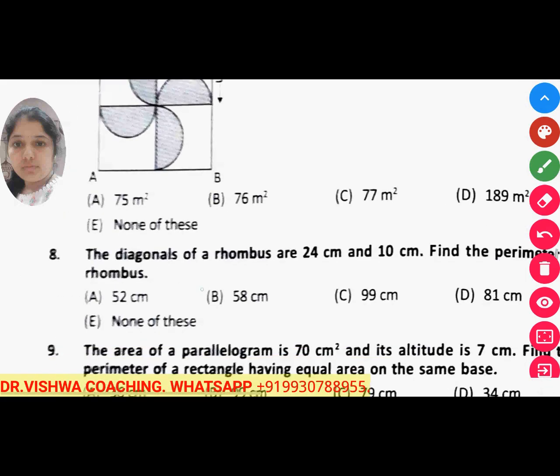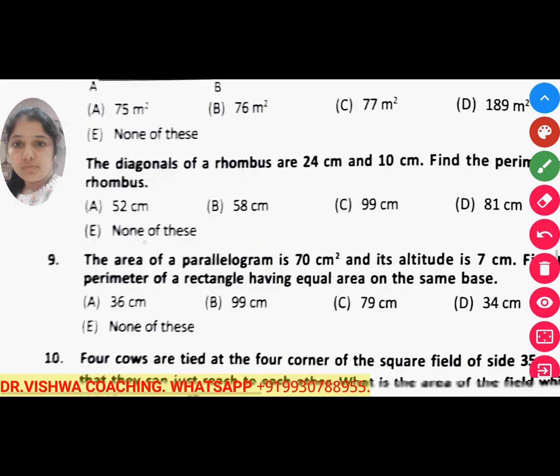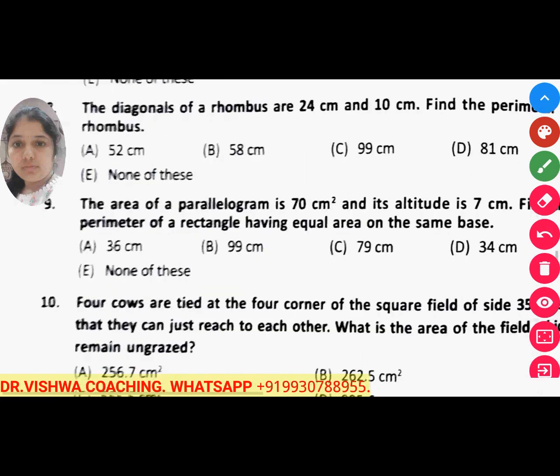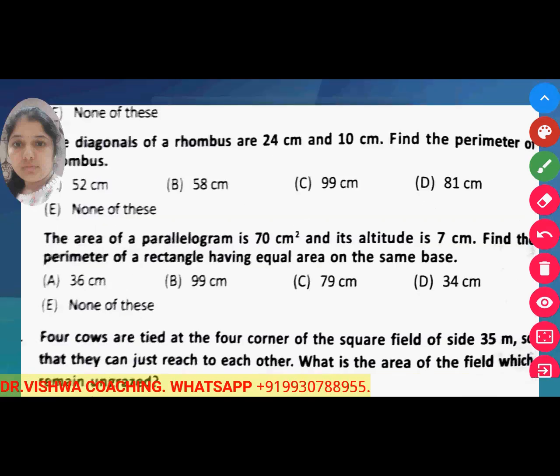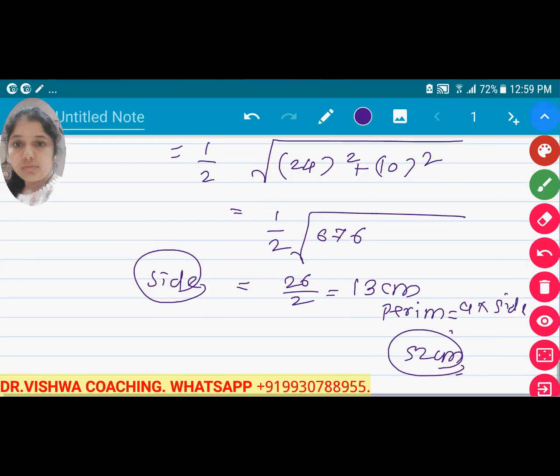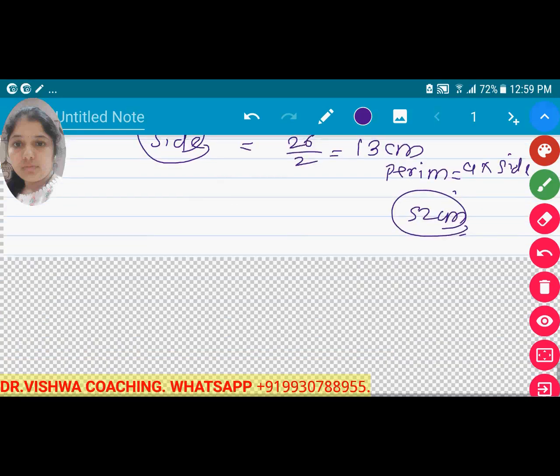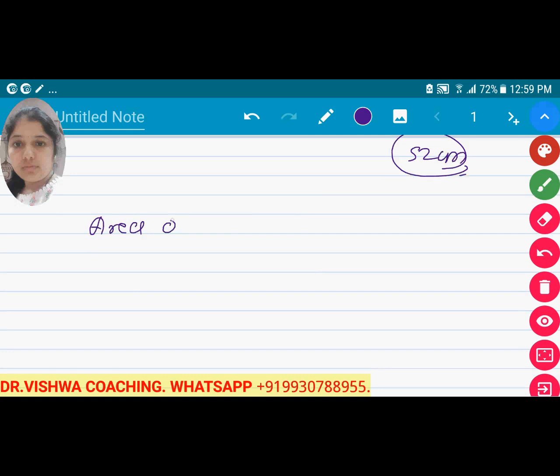Now the area of a parallelogram is 70 centimeters square. Its altitude is 7 centimeter. We have to find the perimeter of the rectangle having equal area on the same base. Now see, the area of the parallelogram is given to you, 70 centimeter square.